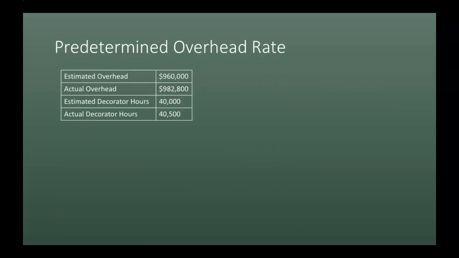So your predetermined overhead rate. You'll find your predetermined overhead rate at the start of the year, right? So at the start of the year, you don't have your actual overhead yet, and you don't have your actual hours yet. So your predetermined overhead rate, you'll be using your estimated amounts to calculate this.